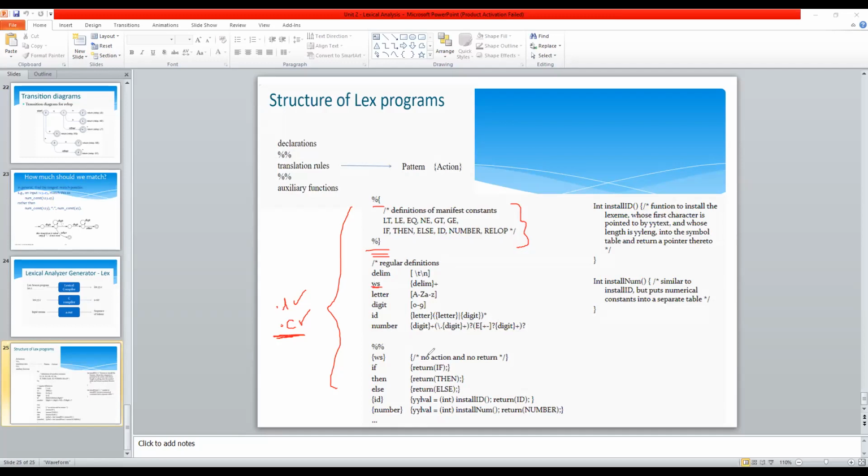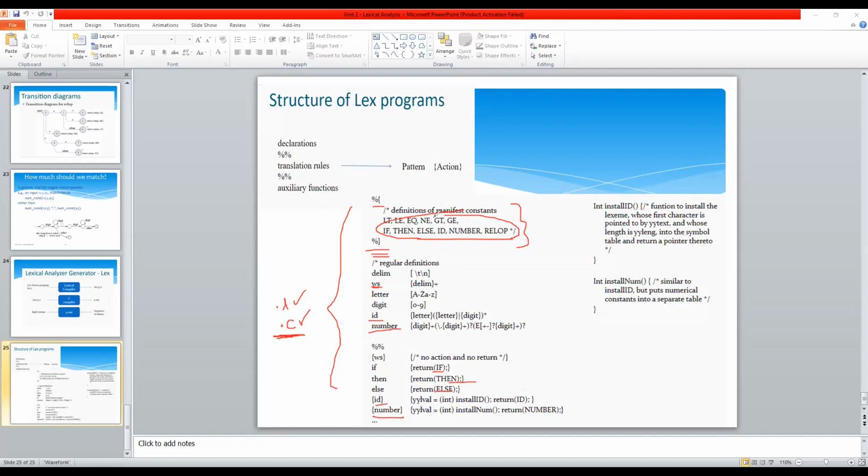So these are the definitions I will be using in my local program. So you can see here, this number I'm using over here, the ID I'm using over here, right? And the if then else, so I'm using this if then else in my C program, and that's why they are written in this percent opening, percent closing.